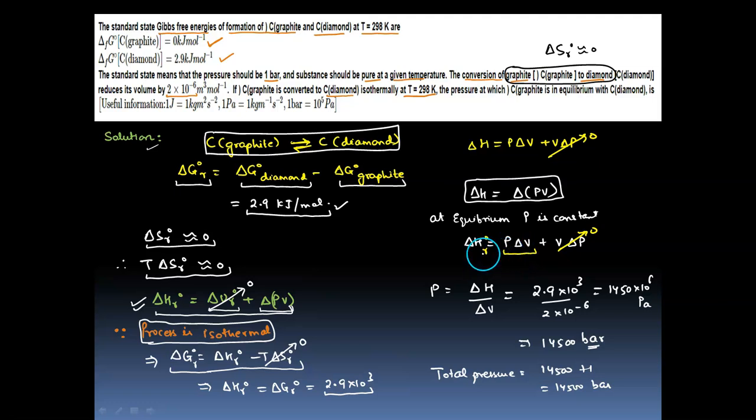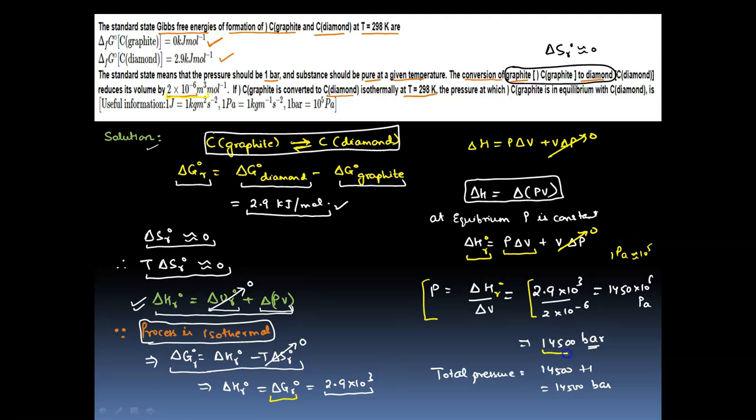So from here we know delta H of reaction, which is equal to delta G of reaction. If I put the value, I will get the pressure at which this transition is happening. Delta H naught is 2.9 × 10^3, and delta V, the question says the volume reduces by 2 × 10^-6 meter cube. Everything is in SI unit, so when we divide, we get pressure in Pascal. We know that 1 Pascal is equal to 10^-5 bar.